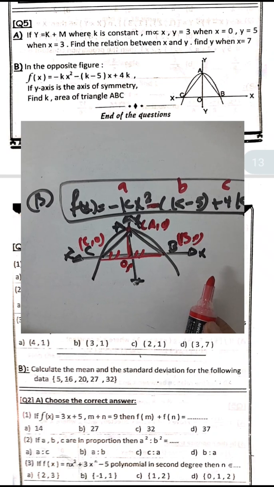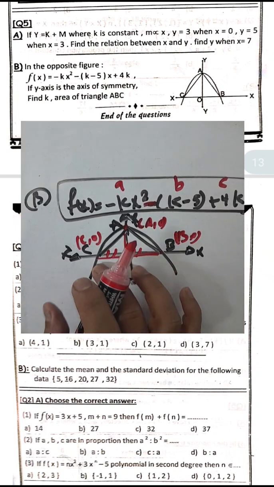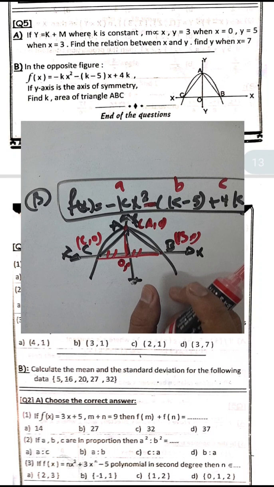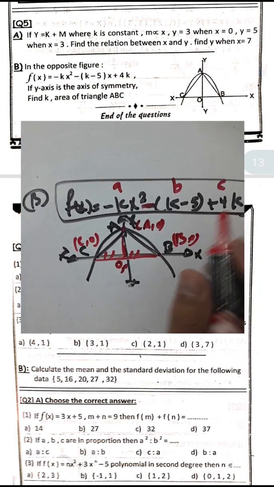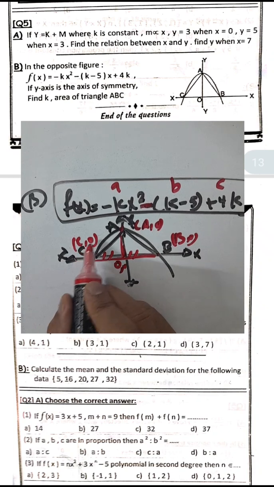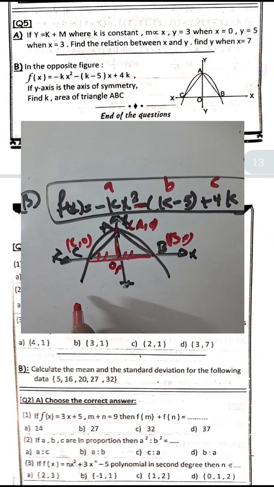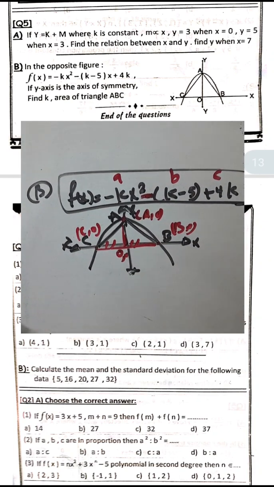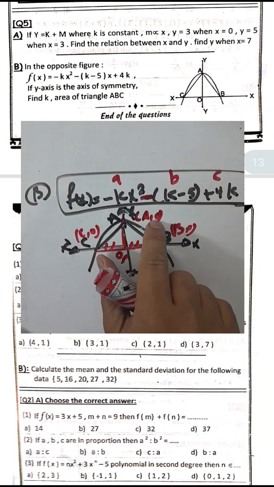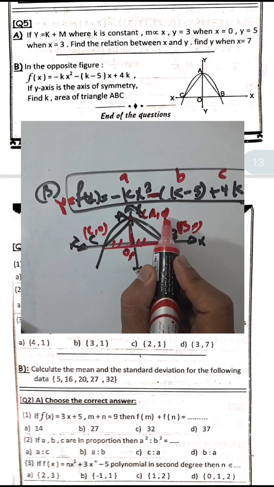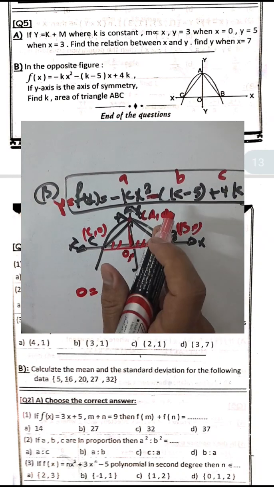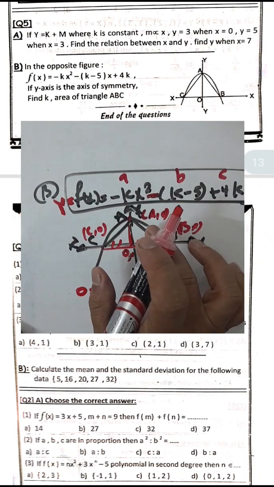Put the point here, C and 0, in this function to find the constant k. If we put the point C and 0 in this function to satisfy it, so we can write the equation: A and 0 in this function f of x, it will be y, then 0 here, put y equals 0 and x equals a.